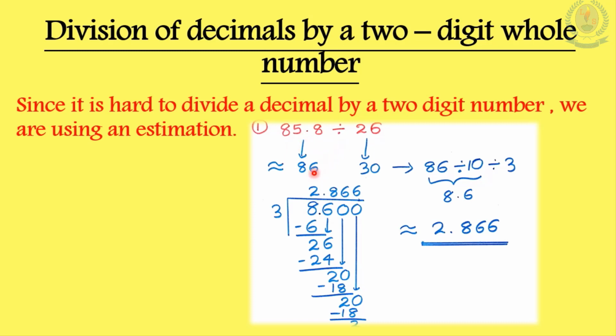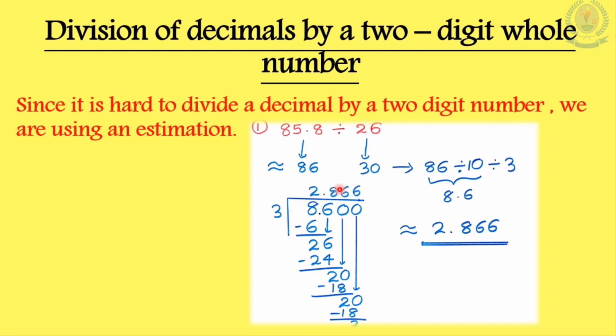Then 86 divided by 26. 26 is nearer to 30, so we can assume 26 as 30. So now we have to divide 86 by 30. That 30 means 10 times 3. So first of all we have to divide 86 by 10 and then the answer should be divided by 3, right?